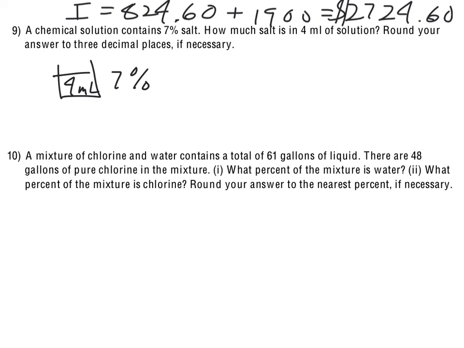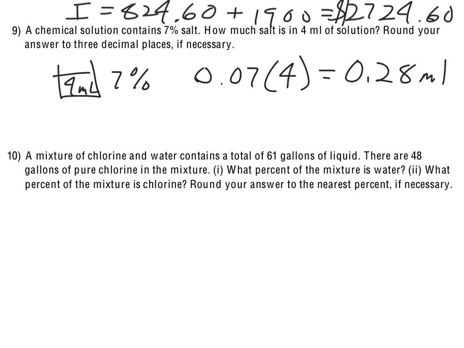So then the question, how much actual salt is in the 4 milliliters of solution? So all we really do is find out what 7% of 4 is. So 0.07 times 4, and we get 0.28 milliliters of salt. I'm doing fine with just the 0.28 milliliters, but that's all we're looking at there.